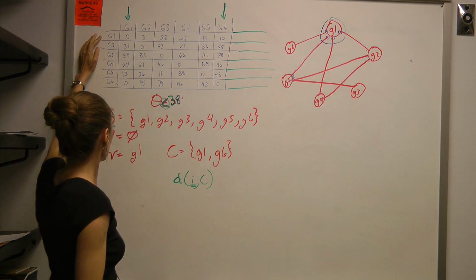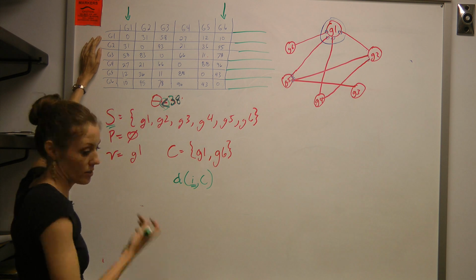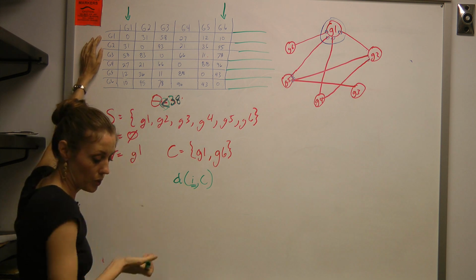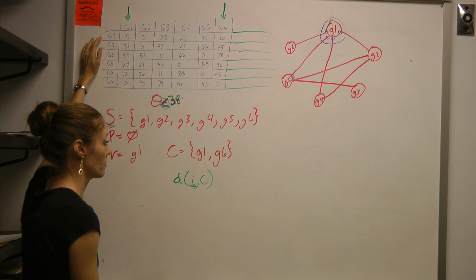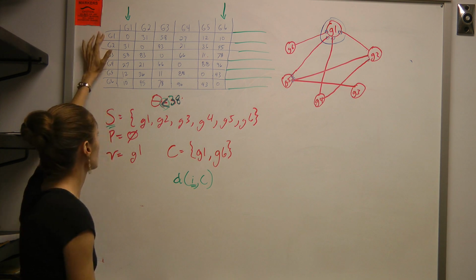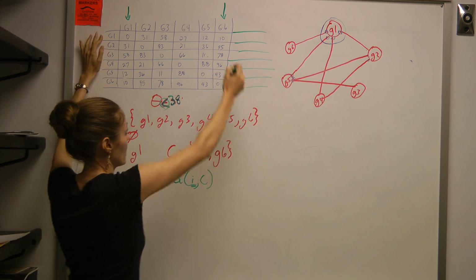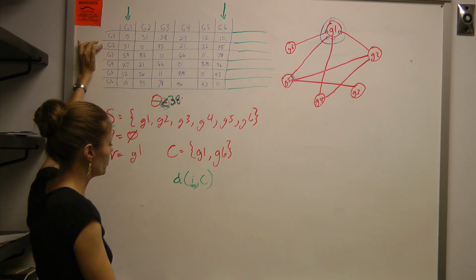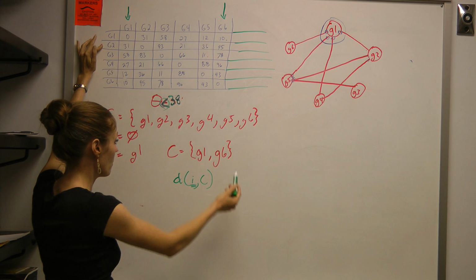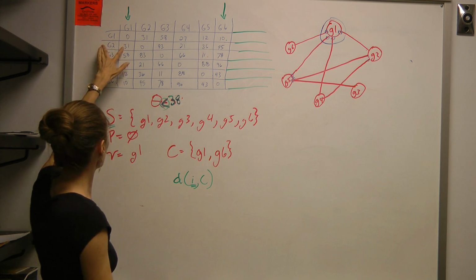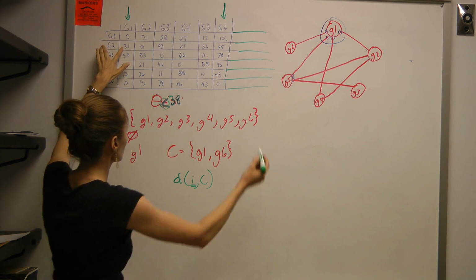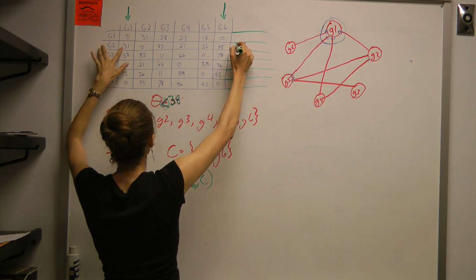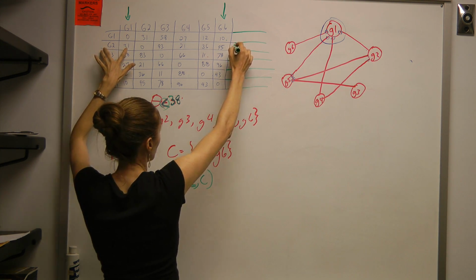So G1 is in our cluster. We could check to see if G1 is distant from G6, but we already know that's a distance of 10, so we know it's not distant. G2, is G2 close to G1 and G6? Well, let's see. G1, G2 has a distance of 31.